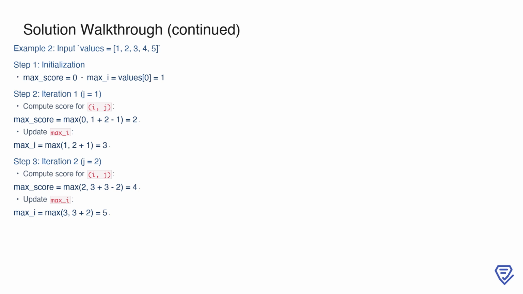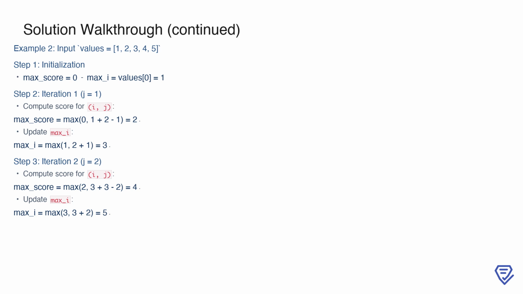We then update max_i to max(1, 2 + 1), resulting in a new max_i value of 3. Next, in the second iteration, where j equals 2, we compute the score as max_score = max(2, 3 + 3 - 2), which evaluates to 4. Afterward, we update max_i to max(3, 3 + 2), resulting in a new max_i value of 5.